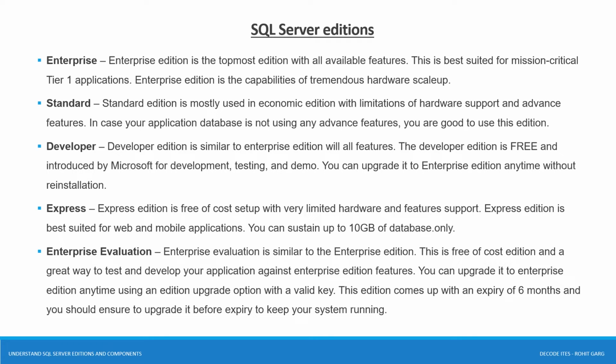The only limitation is that this edition comes with 6 months of expiry, 180 days. You need to ensure that you upgrade your system before the expiry date, otherwise you will not be able to access your SQL instance. So friends, these 5 are the latest available editions of SQL Server.